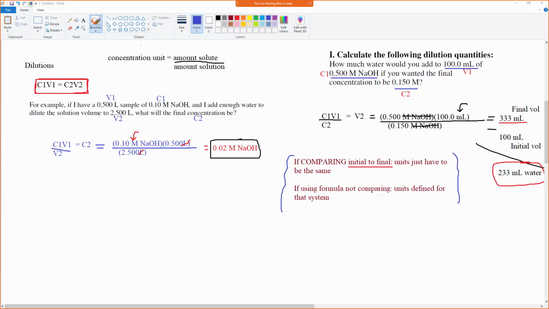And equivalents are actually pretty narrowly used, I think, in the healthcare field, although they might be used in other places I'm not as aware of. But an equivalent is used when you're looking at a solution that has lots of different ions and you're only interested in one of the ions.